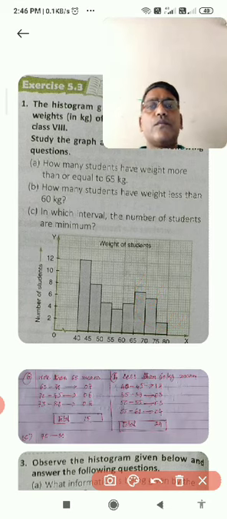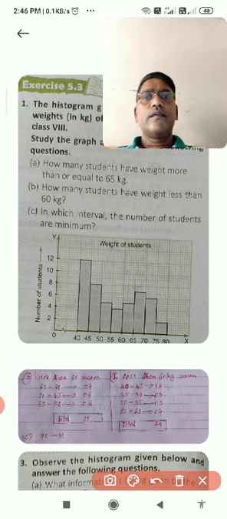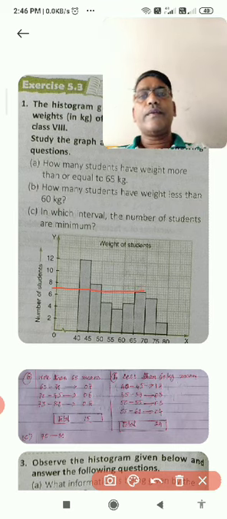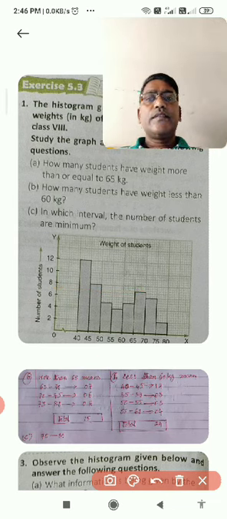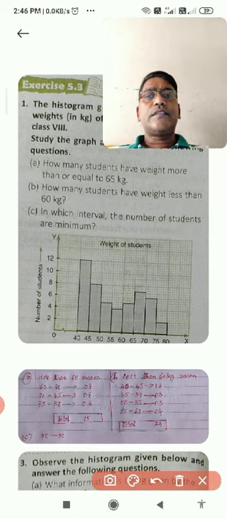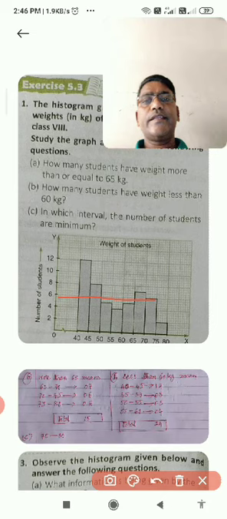Now observe 65 to 70. How many students are there? You can use a ruler. Observing with the ruler, you will get 7. Okay, one is clear. Second, 70 to 75, clearly it is given as 6.